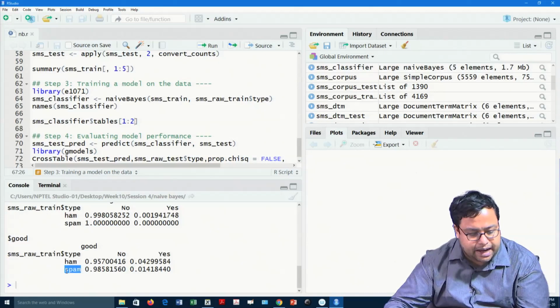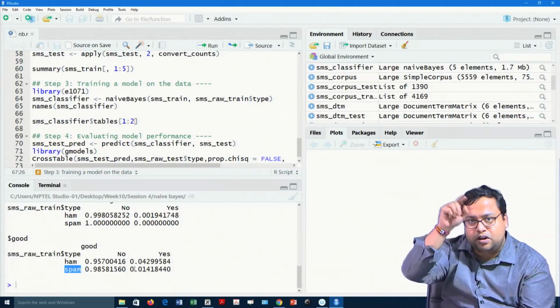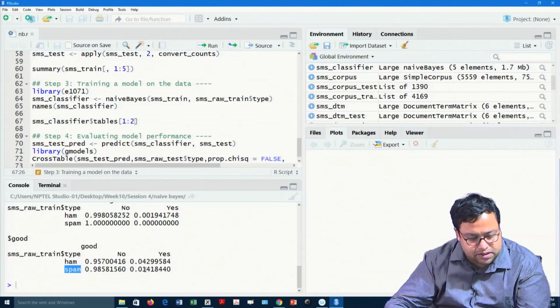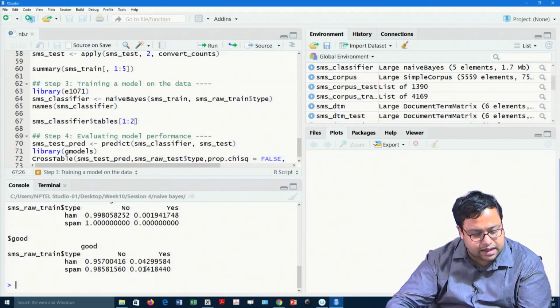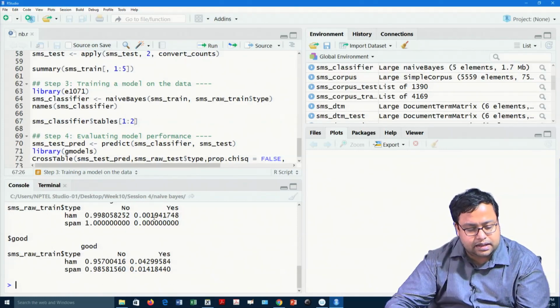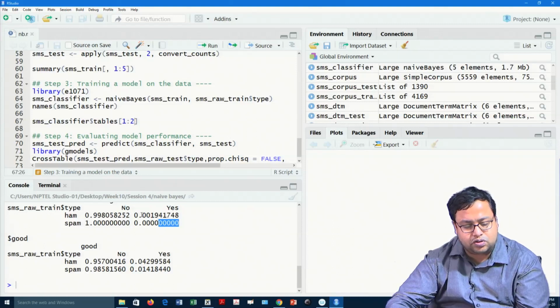Similarly, given it is spam, P of m given S, remember, the probability of this occurring is 0.1 and 0.98. There is some distance here, 0.01 and 0.04, but very low distance here, 0.000 and 0.002.